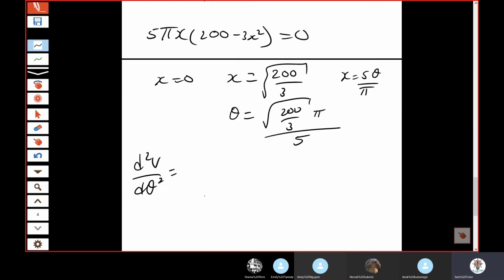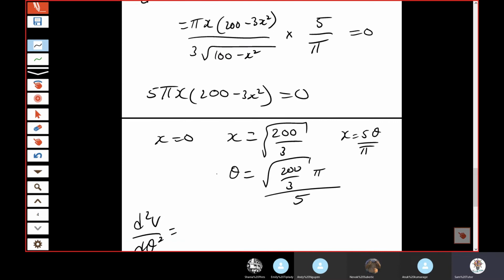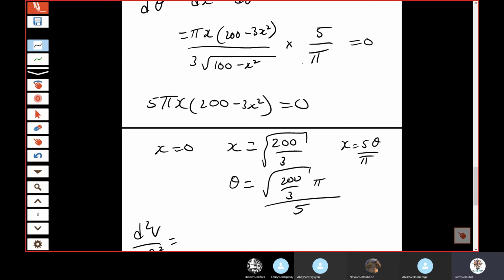d squared V on d theta squared equals, all right, differentiate. Now, are you going to do second derivative of that? No. You heard me laugh about it. There's no way. Why would you want to do second derivative? You're going to do quotient rule. That's just silly. You might as well have done this.